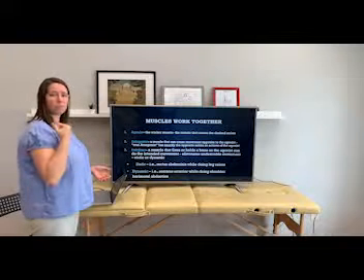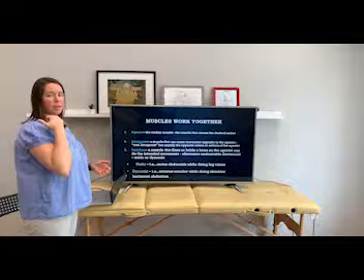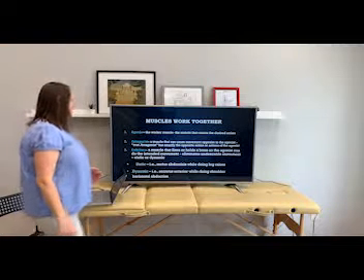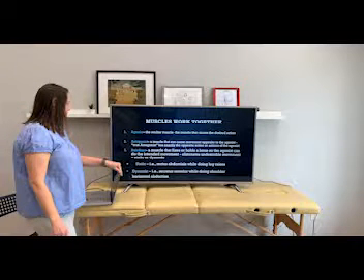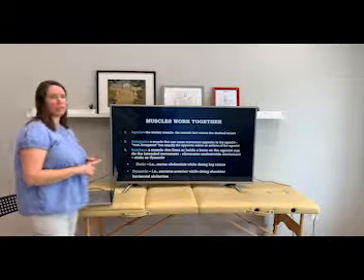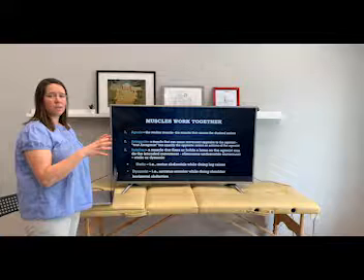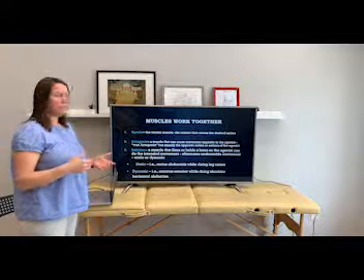So if we continue this case, our biceps is the agonist, the triceps would be the antagonist. You also have muscles that are stabilizers. These are muscles that are stabilizing in order for another muscle to be able to do its job.